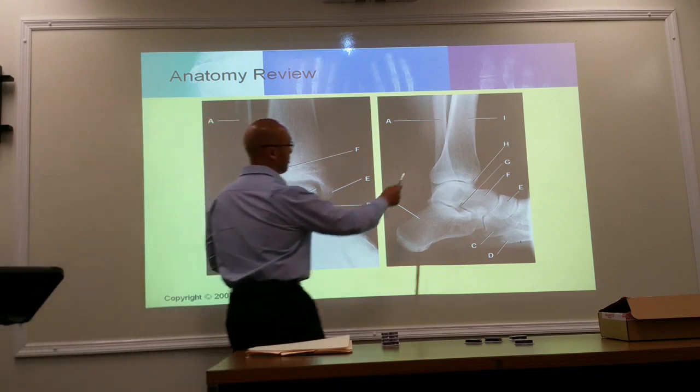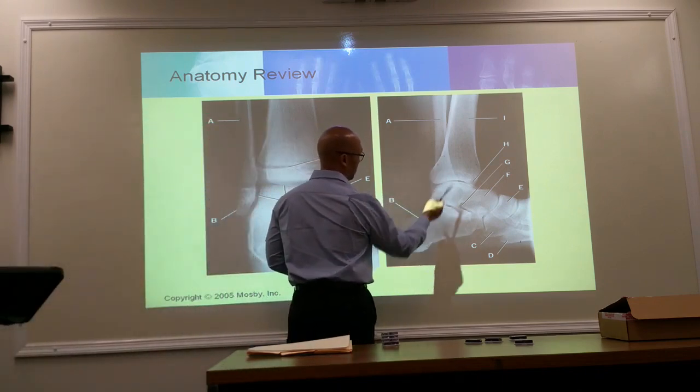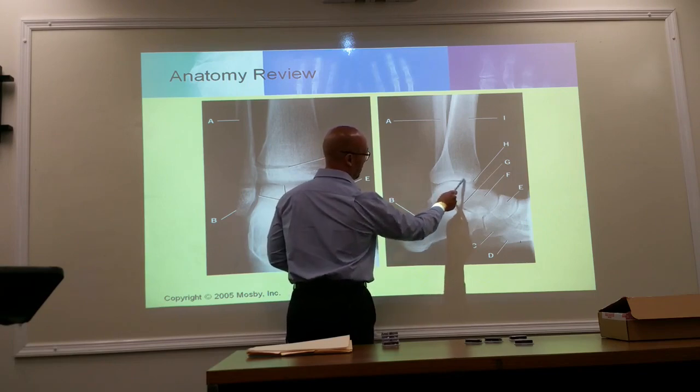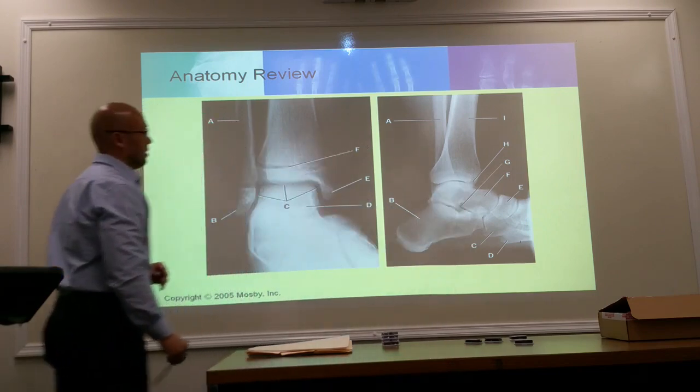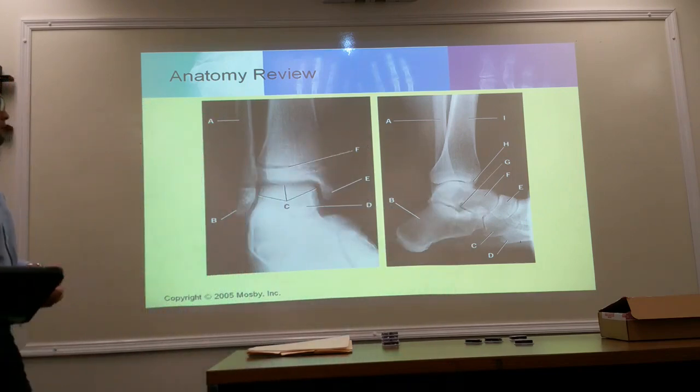So it is posterior with superimposition and inferior when compared to the tibia. Now, I'm not quite sure what H is pointing to. The mortise is only on the AP. You're not going to be able to see it on the lateral.